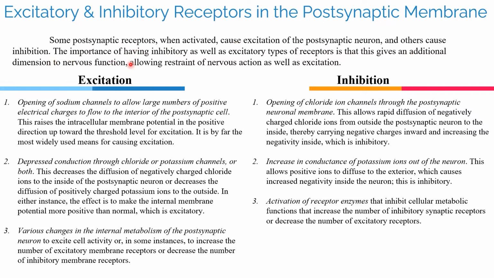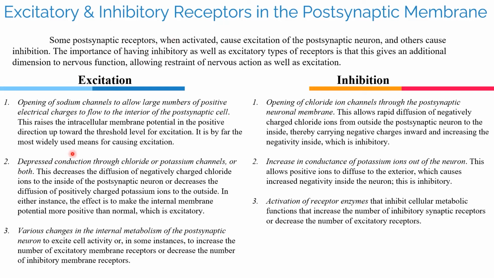The importance of having inhibitory as well as excitatory types of receptors is that this gives an additional dimension to nervous functions, allowing restraint of nervous action as well as excitation. So first, let us look at excitation or excitatory receptors which are present on the postsynaptic membrane.